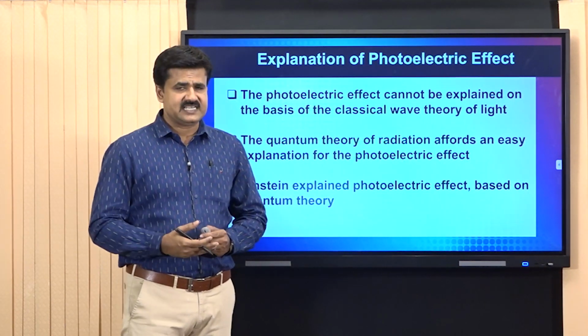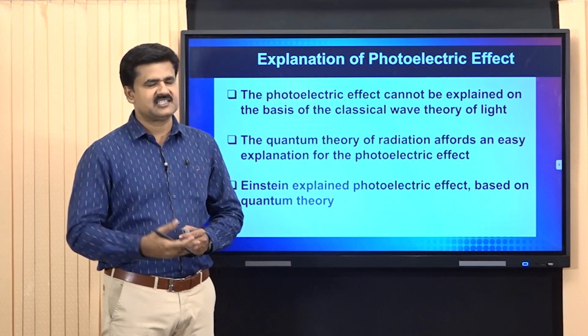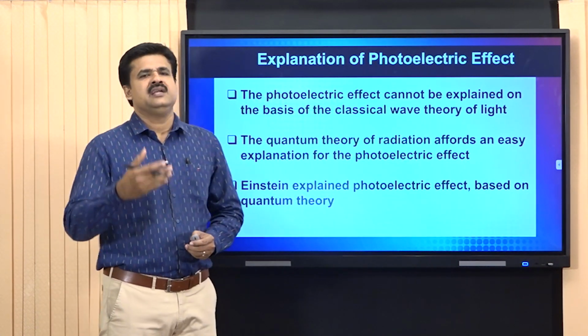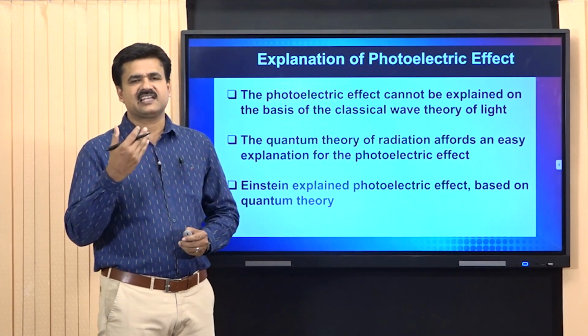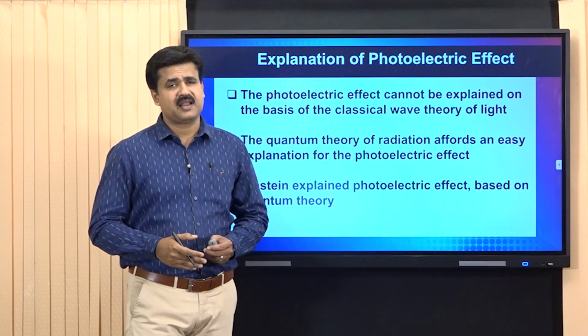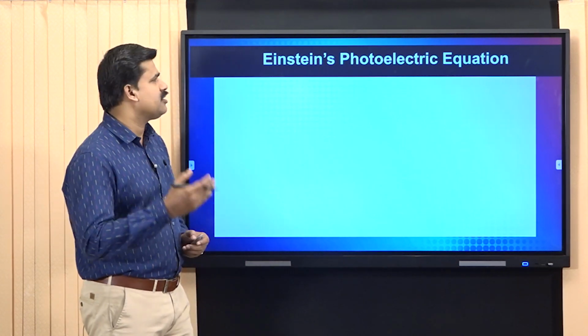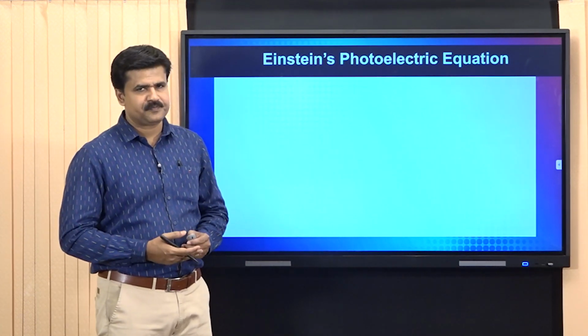We know the postulates like E is equal to h nu, E is equal to n h nu, etc. Now, the explanation of photoelectric effect was performed by Albert Einstein based on the same quantum theory proposed by Max Planck. Now, we can move on to the explanation by Albert Einstein.